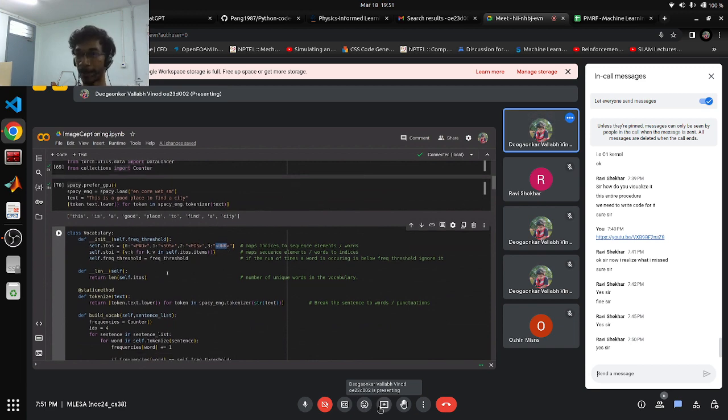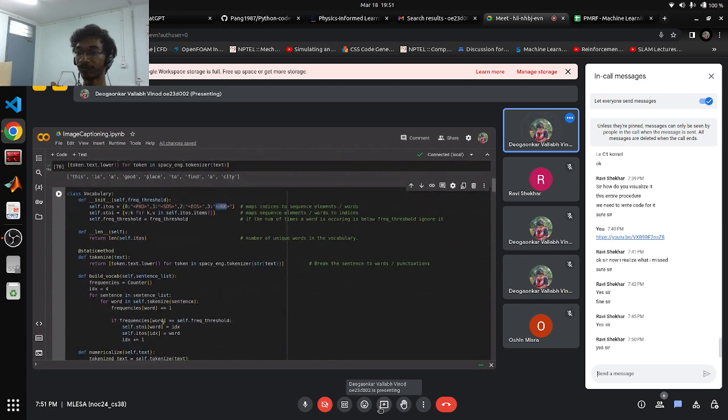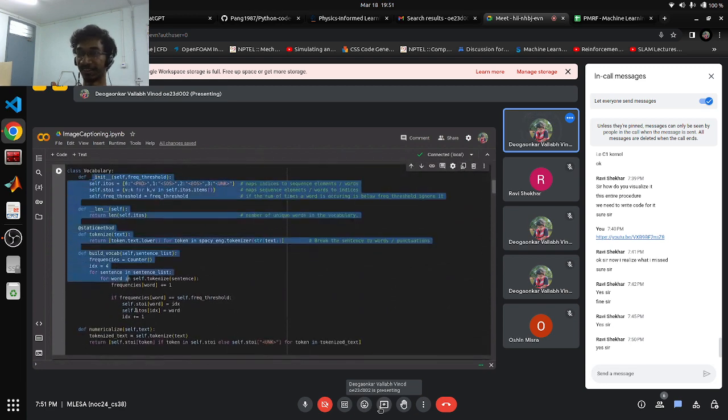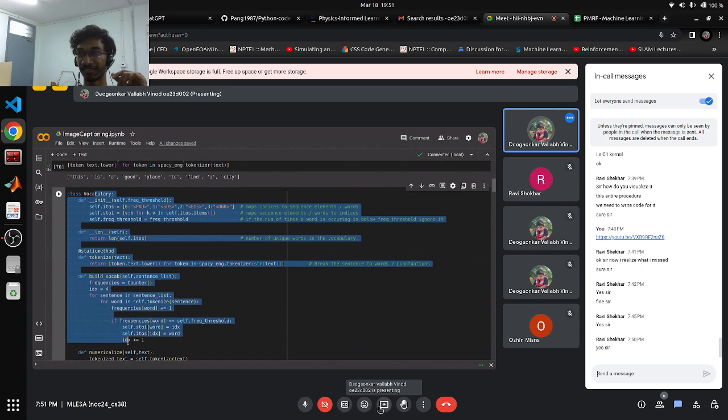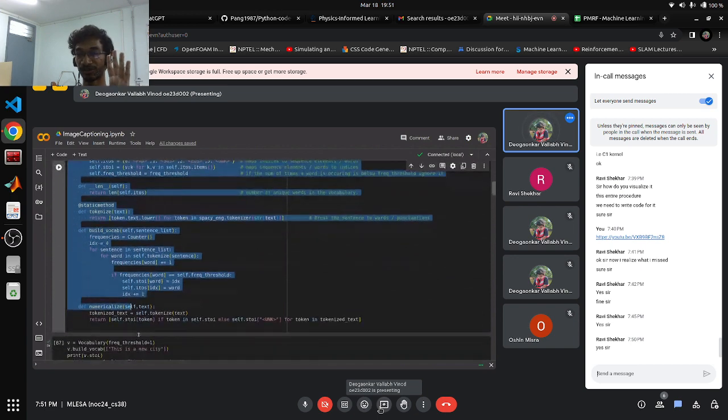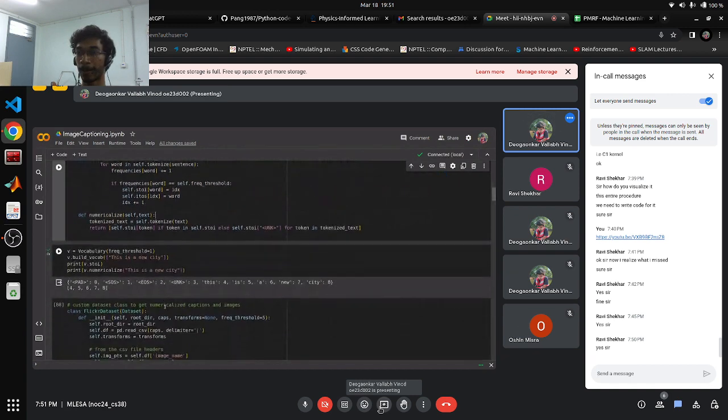Okay, so I will not go to all the details here, but that's the general idea. So this vocabulary is building a subset dictionary of the words from the captions. Okay, and this is how it will look like.